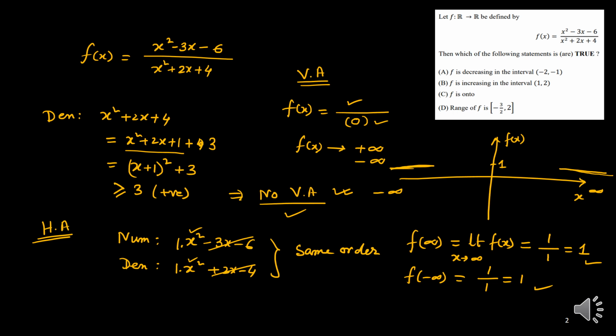Now the next question is whether the function is increasing or decreasing. How to decide this? To understand whether the function is increasing or decreasing, first we need to find the derivative of the function, meaning f prime x, which is d/dx of f of x. If this value is positive, it implies that the function is increasing.